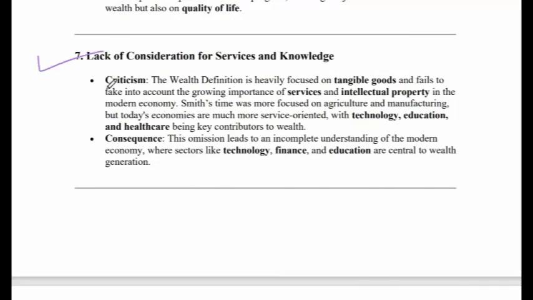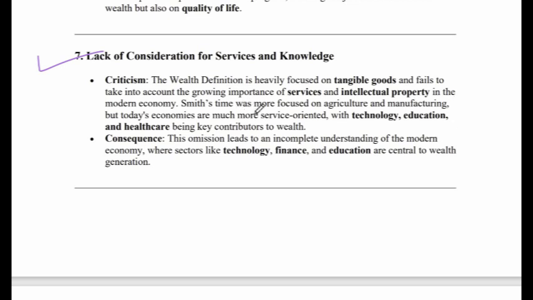Lack of consideration for services and knowledge. The wealth definition is heavily focused on tangible goods and fails to take into account the growing importance of services and intellectual property in the modern economy.